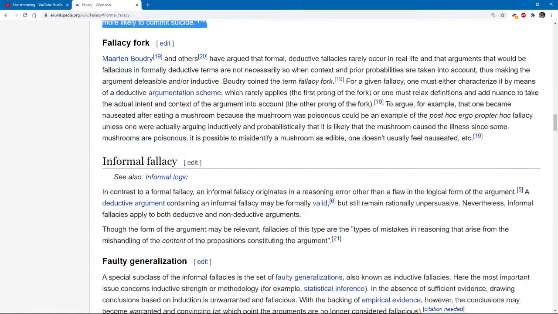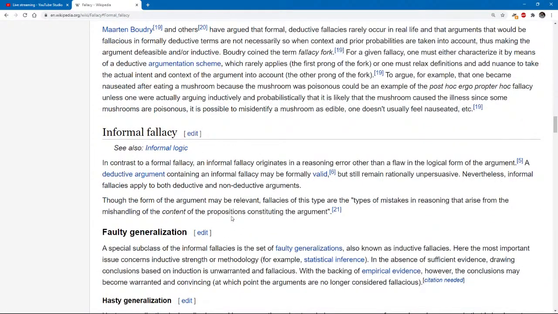So, we can see that fault in reasoning. So we're going to go to informal fallacy, and that's not a fault in reasoning. That's a fault in the logical form of the argument, and that's where we'll get into the meat and potatoes of our discussion. Okay, so should I just read this? Yeah, sure. In contrast to a formal fallacy, an informal fallacy originates in a reasoning error other than a flaw in the logical form of the argument.